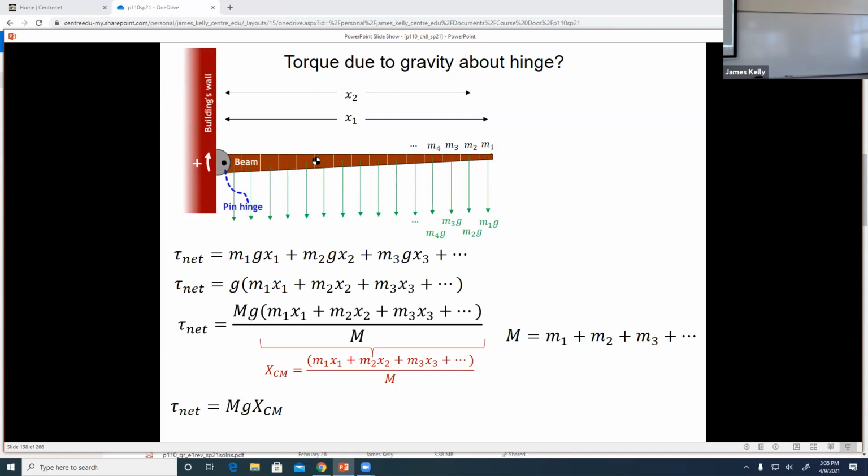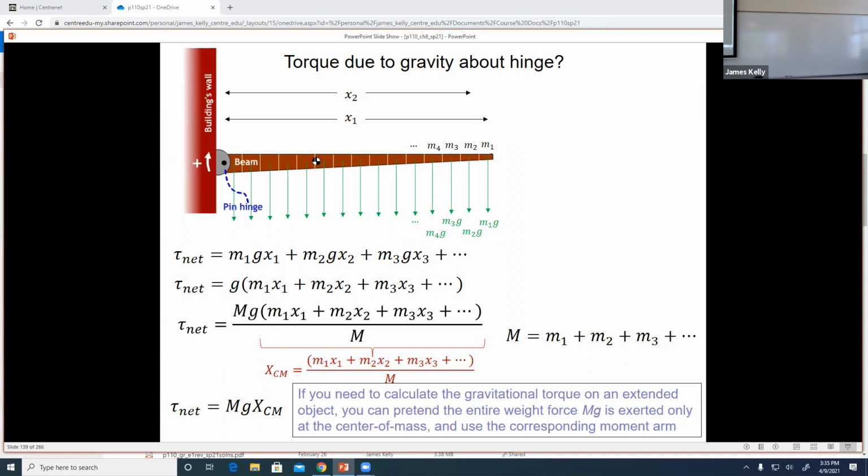Because it's thicker at the left. In any case, if I define this ratio here to be the x coordinate of the center of mass, then the net torque seems simple, if I can figure out where the x coordinate of the center of mass is. So notice that this looks just like a single force is acting.